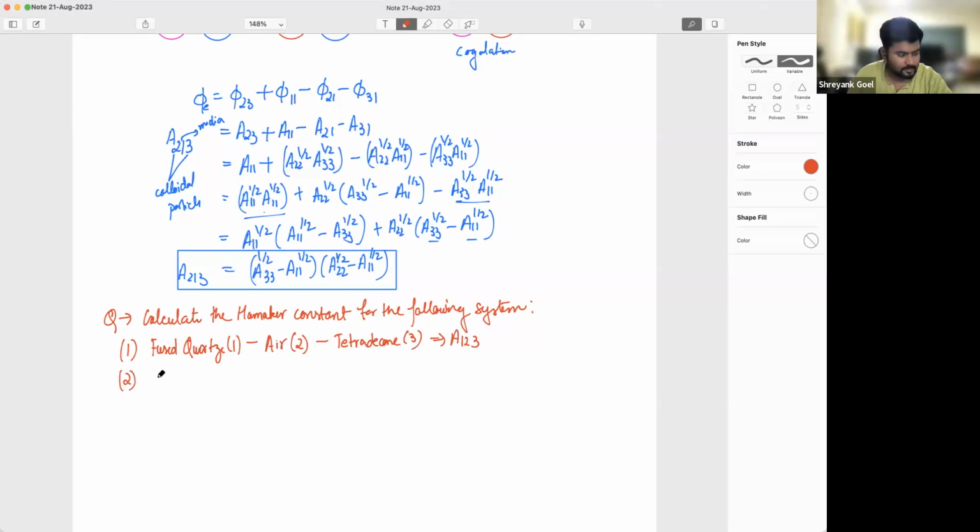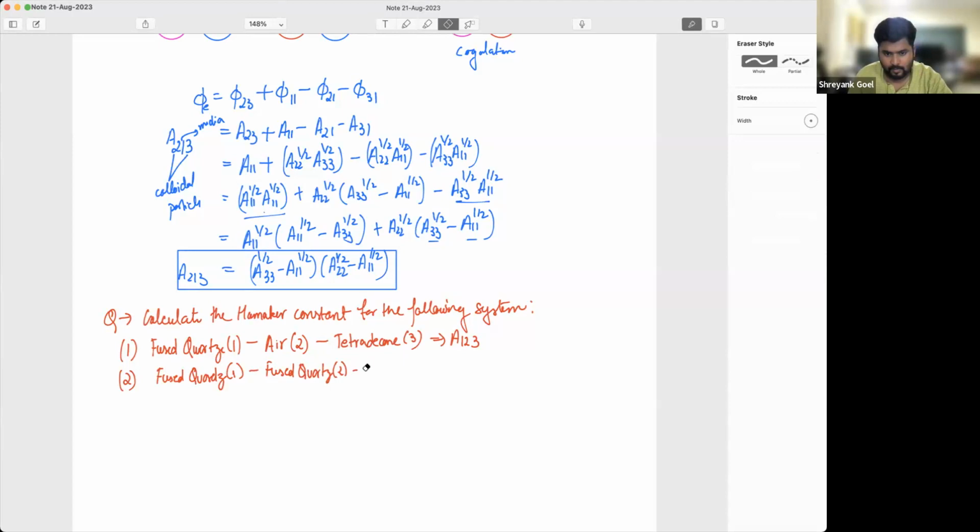Second is fused quartz and octane. So you have to find 1, 3, 2.